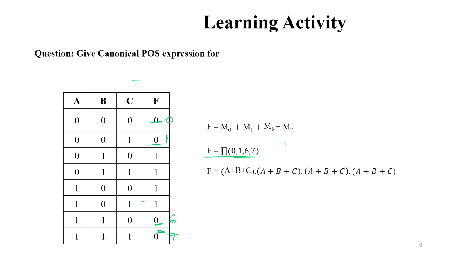More accurately, you can write the function of A, B, C equal to pi capital M 0, 1, 6, 7. This is how you can write it, and you can write the corresponding expressions.